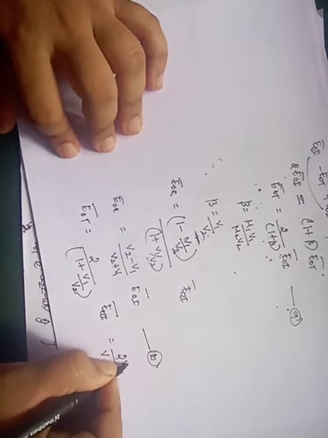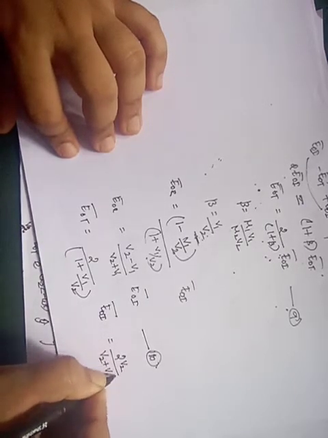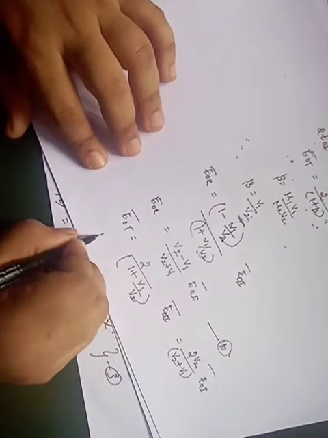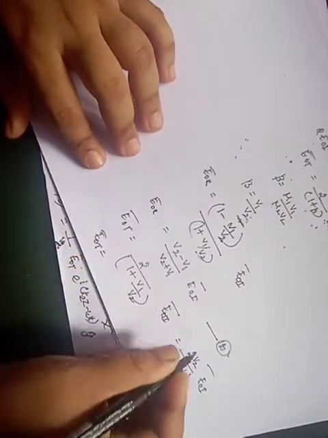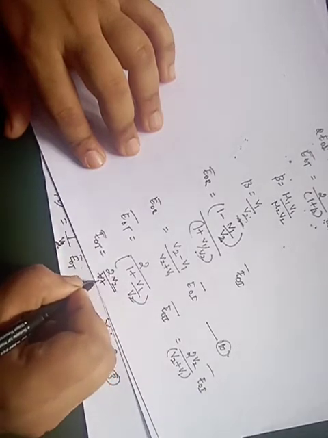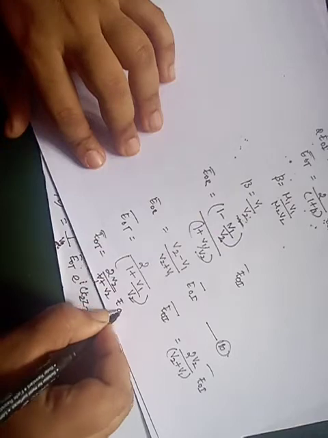So 2 v2 divided by v2 plus v1 into E naught I. So E naught t is equal to 2 v2 divided by v1 plus v2 into E naught I.